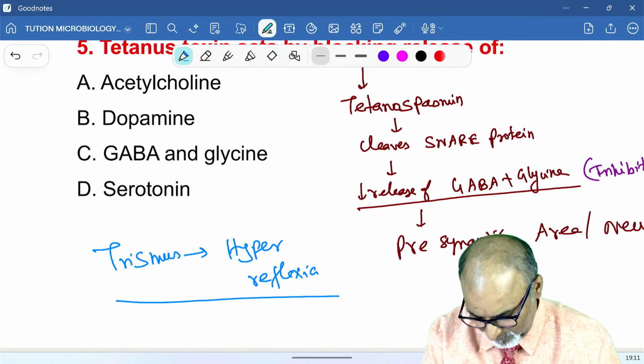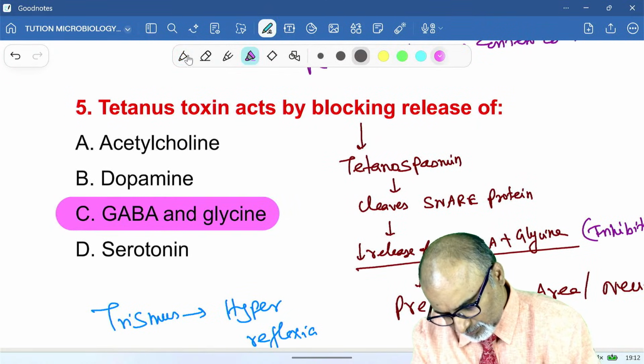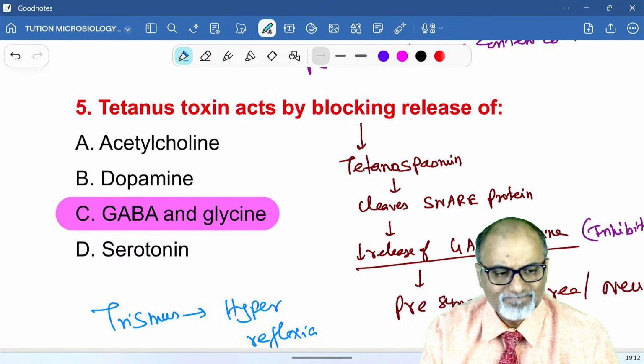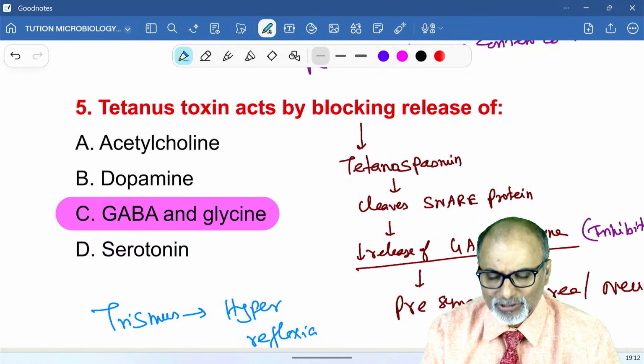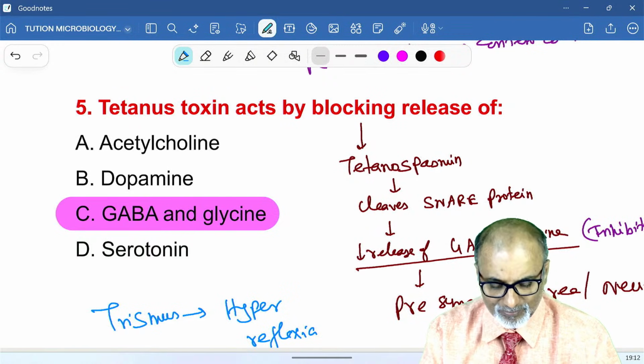So it inhibits the release of GABA and glycine. Acetylcholine inhibition is by botulinum toxin, mainly botulinum toxin. You must know the mechanism of action of toxins, exotoxins.